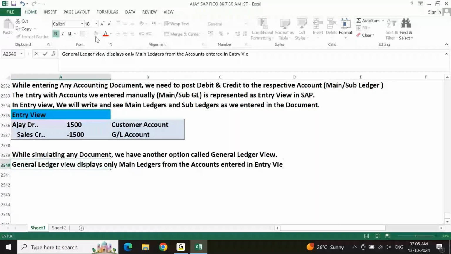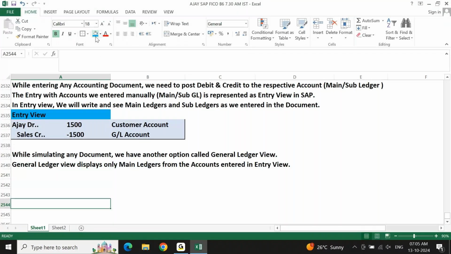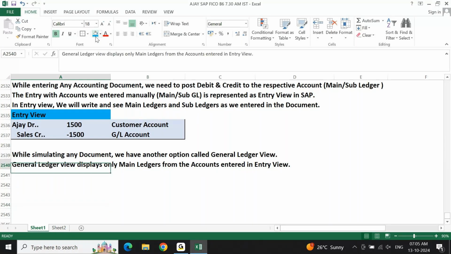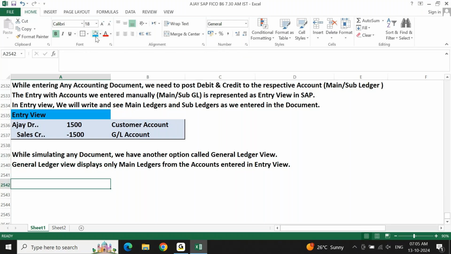In entry view, what are the accounts that were entered? What are the two accounts? Customer account and Sales GL account. Now, customer account is represented as which main ledger account?